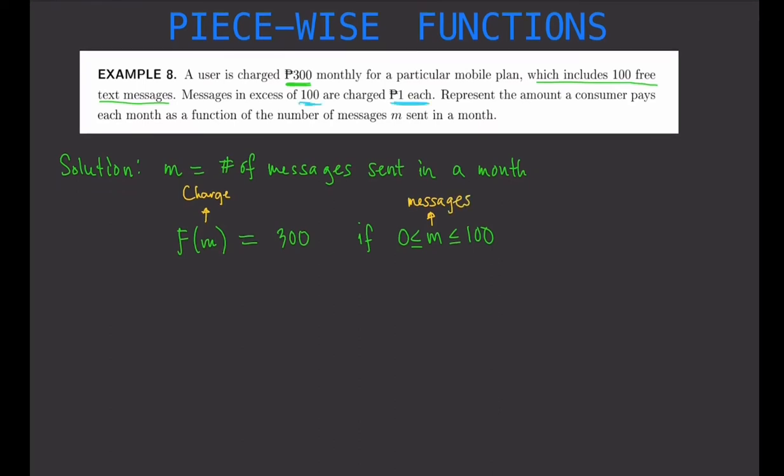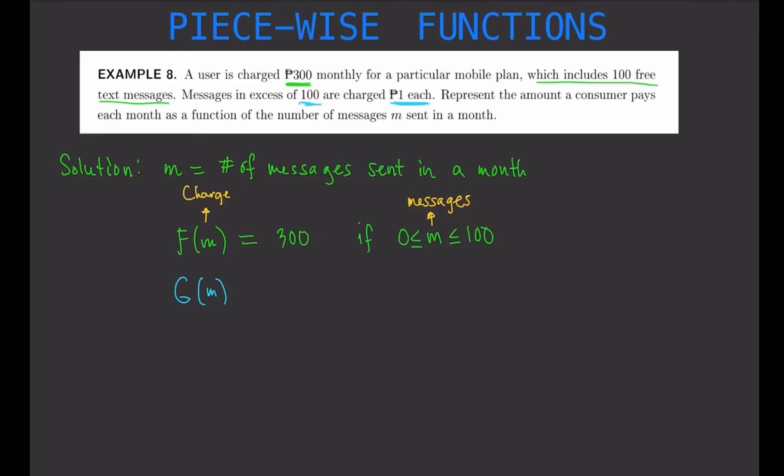But what happens when the number of messages sent in a month exceeds 100? Obviously you're going to pay a different amount for that. To denote that amount, let's use a function g. So g of m gives you the amount that you're going to pay when you exceed the 100 messages in a month.